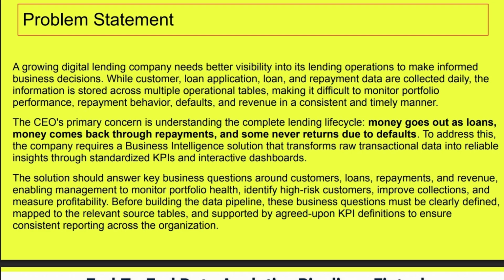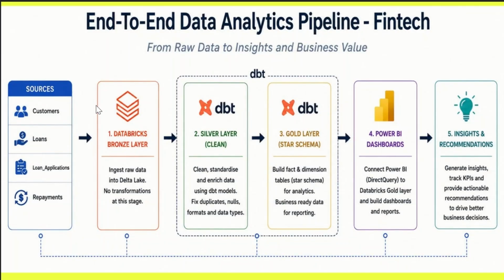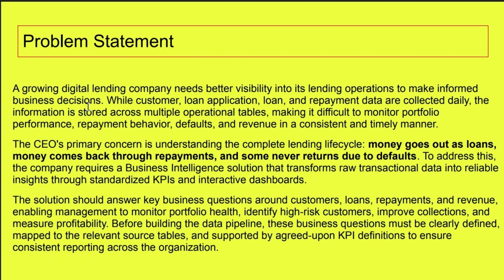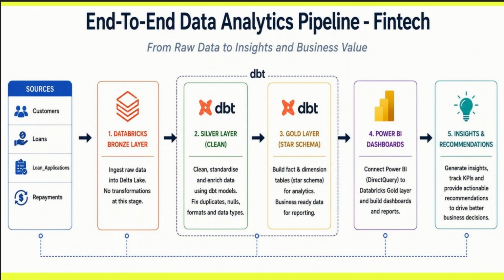So this is the architecture of how our project will look. After we've understood the problem statement clearly and know exactly what kind of problem we're dealing with, we will explore different sources of data of this particular organization.